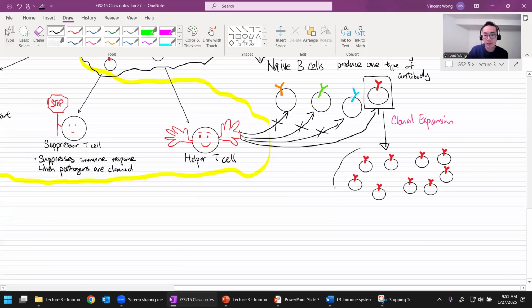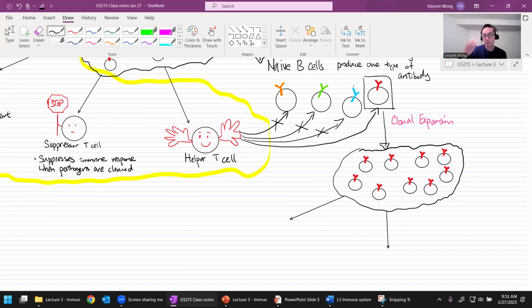And they will be able to transform again. They will be able to differentiate. But this time only two choices. Okay? Only two choices. Okay, so what can it become?